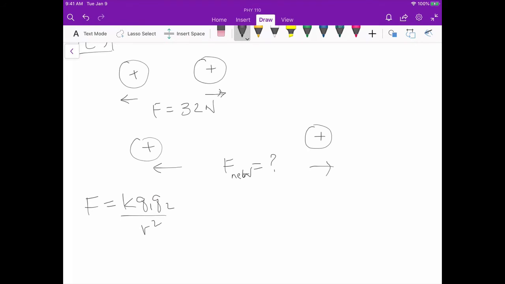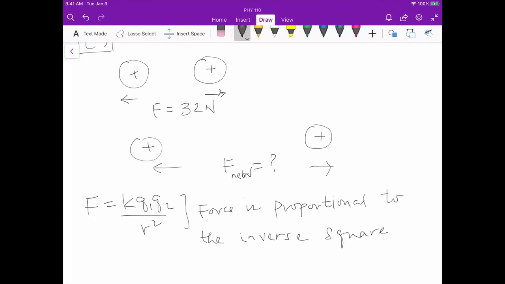As we said, force is proportional to the inverse square of the distance between the two objects, or between the two charged particles.